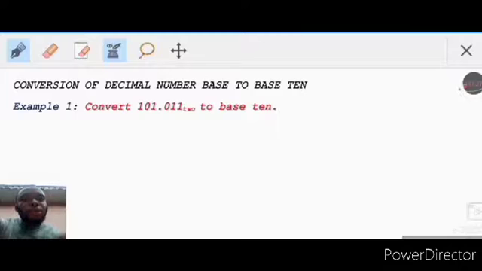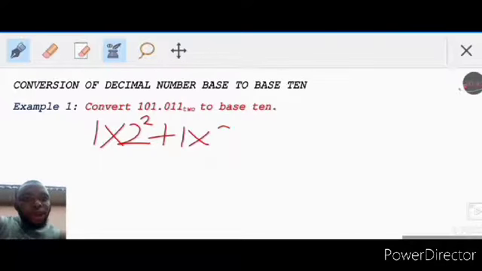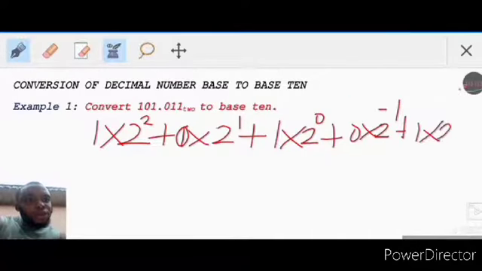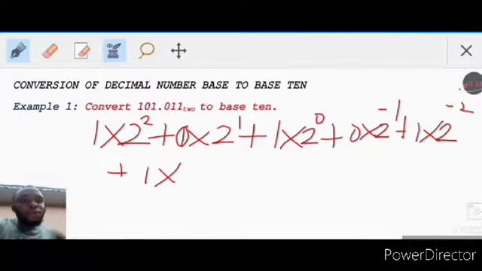So we have 1 times 2 raised to power 2, plus 0 times 2 raised to power 1, plus 1 times 2 raised to power 0, plus 0 times 2 raised to power minus 1, plus 1 times 2 raised to power minus 2, plus 1 times 2 raised to power minus 3.